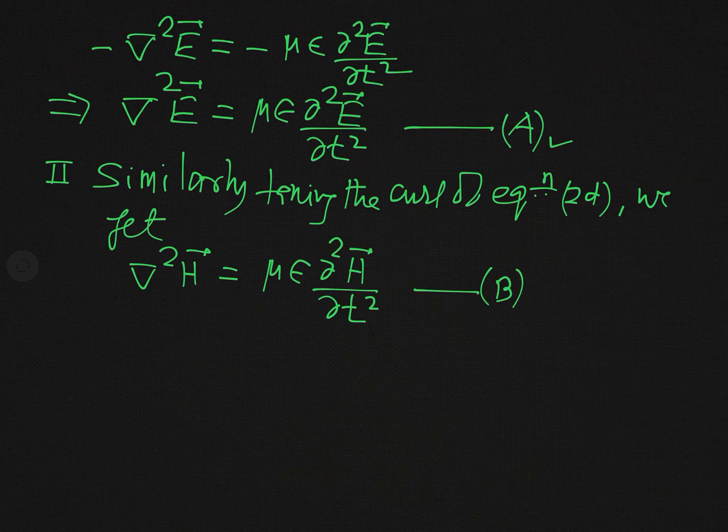And now you can see the form of equation A and equation B. In fact, it is easy to observe that these two equations are simply in the form of the classical wave equation. You know what the classical wave equation or D'Alembert equation is. So you can write now the classical wave equation.